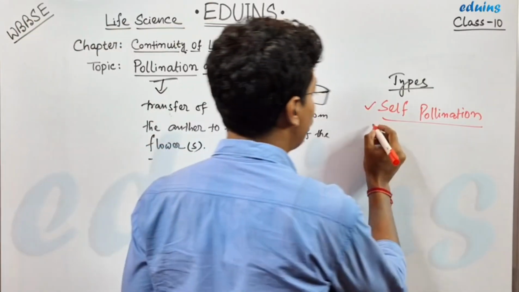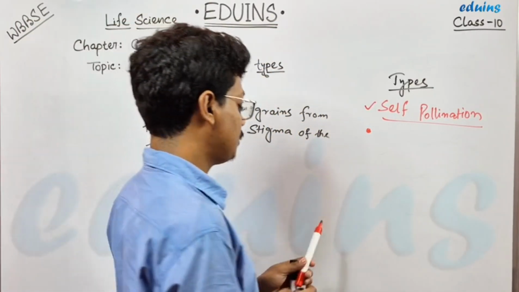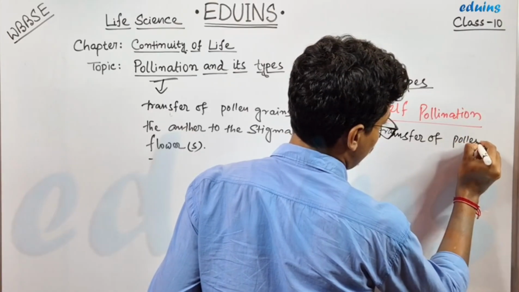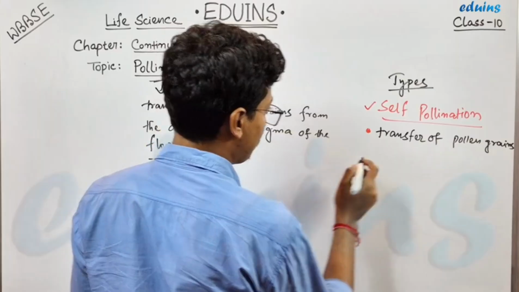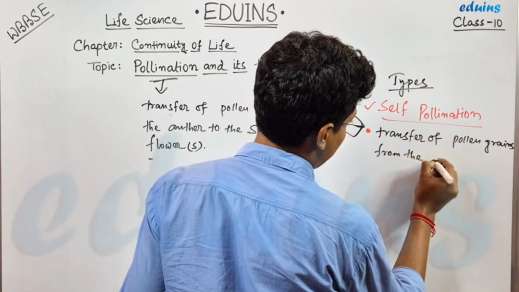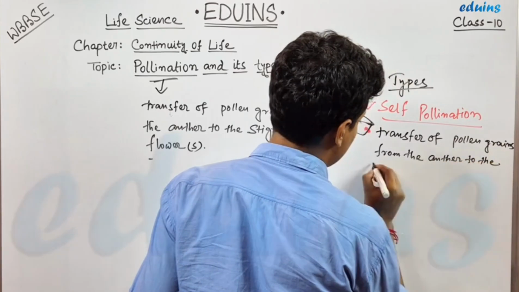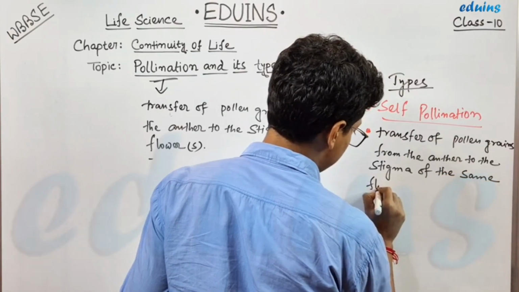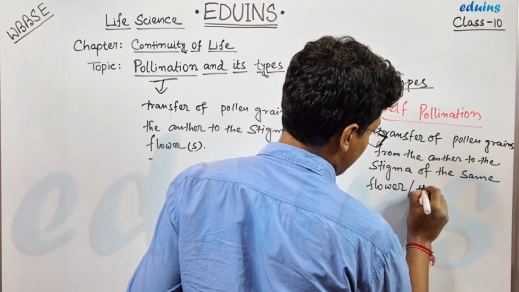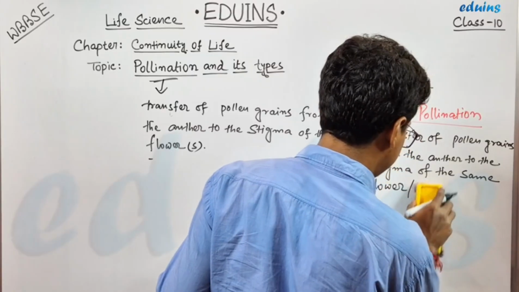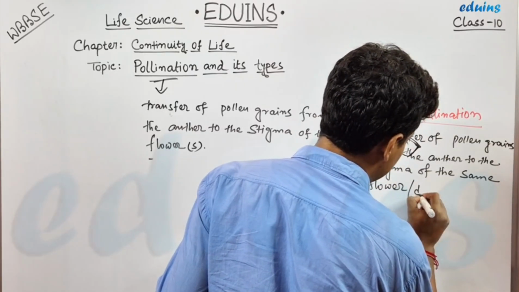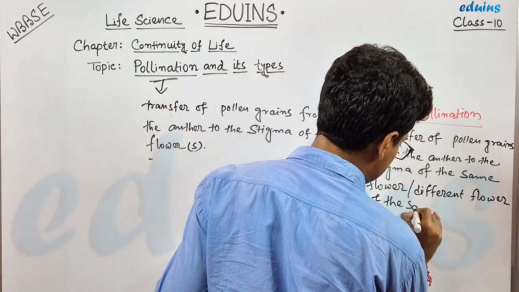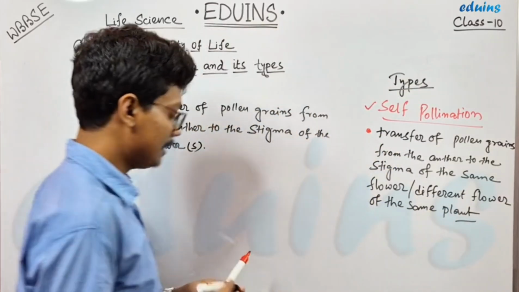The criteria of self-pollination: the transfer of pollen grains from the anther to the stigma of the same flower or a different flower of the same plant.